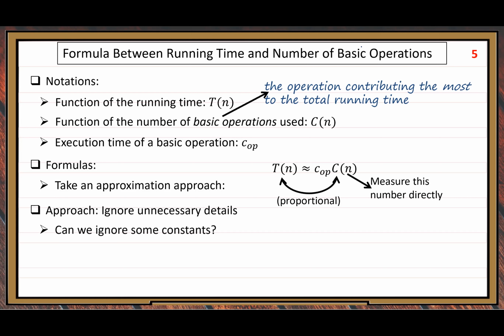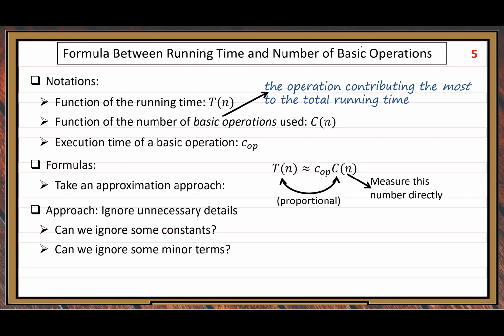In our formula expressions, we may have a lot of constants. If we carry all the constants, we can make our formulas relatively complicated. So we want to simplify our formulas. How do we simplify? Ignore some unnecessary or not important constants that we can ignore.